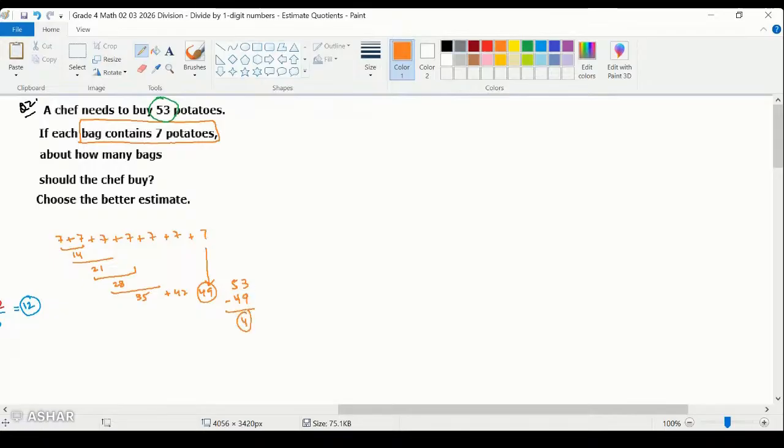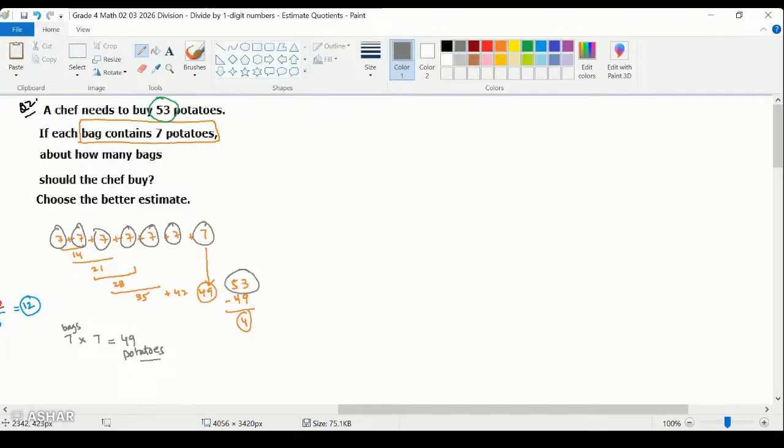How many bags were there? 1 bag, 2 bags, 3 bags, 4 bags, 5 bags, 6 bags, and 7 bags. If the chef buys 7 bags, how many potatoes would he have? He would have 49 potatoes, right? But he needs 53.